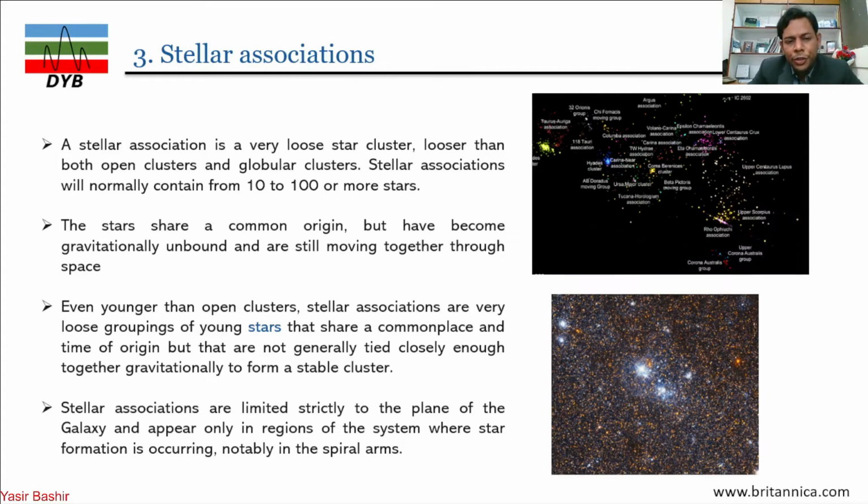Stellar associations are limited strictly to the plane of the galaxy and appear only in regions where stars are forming, notably in the spiral arms. So if you look at the arms of the galaxy, they will be appearing on that side.